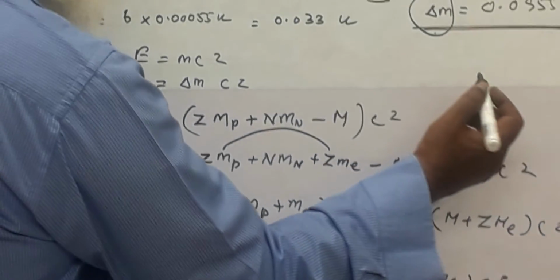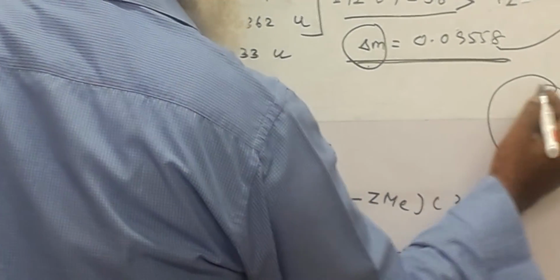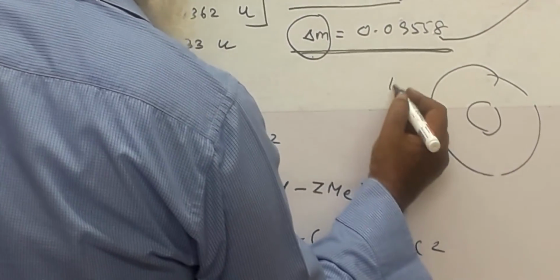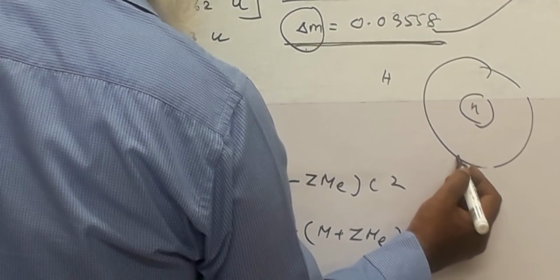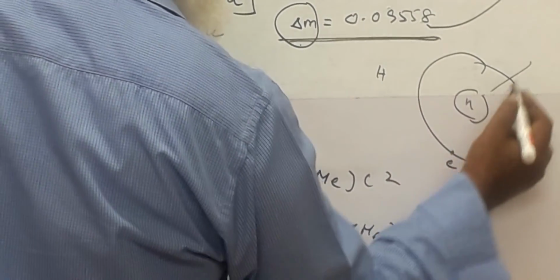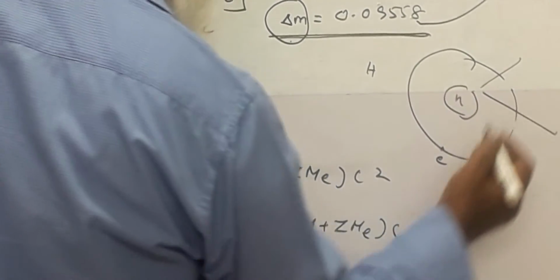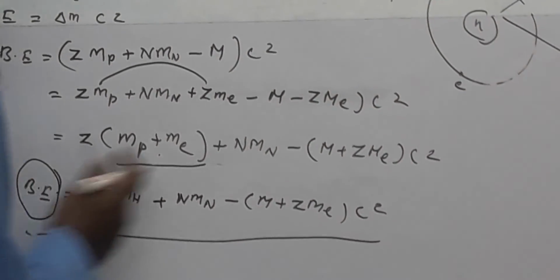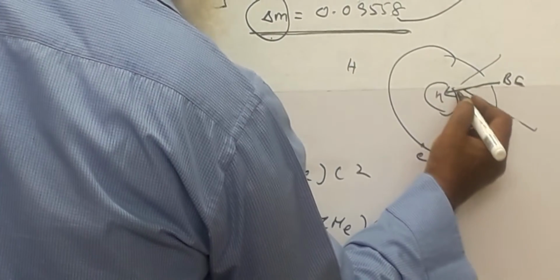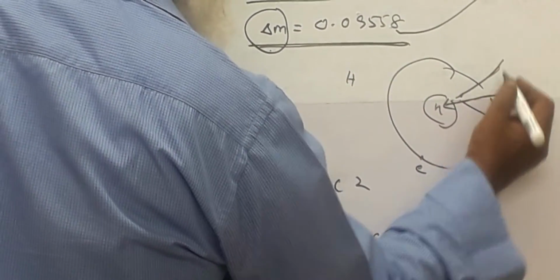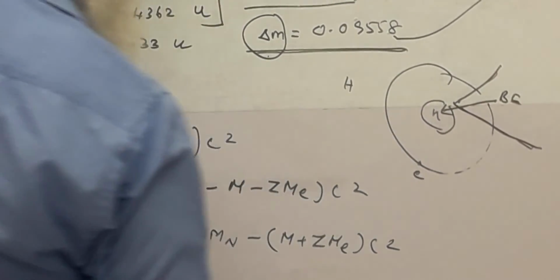If you want to break down this nucleus, suppose consider a hydrogen atom. This is called the nucleus. This is called the electron. If you want to break this nucleus, then you have to spend this binding energy. This binding energy is applied here, and the nucleus may be split.